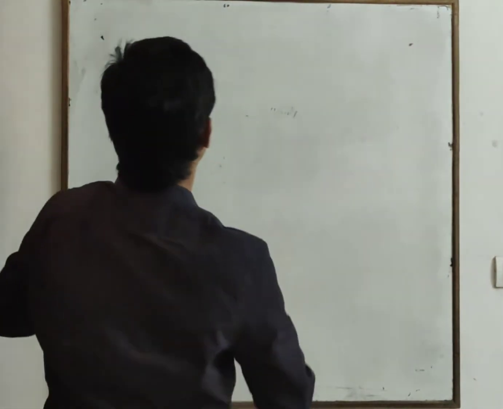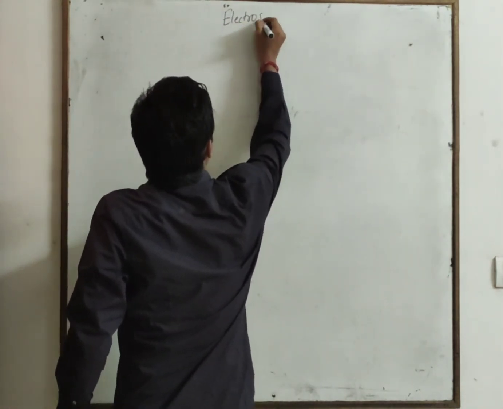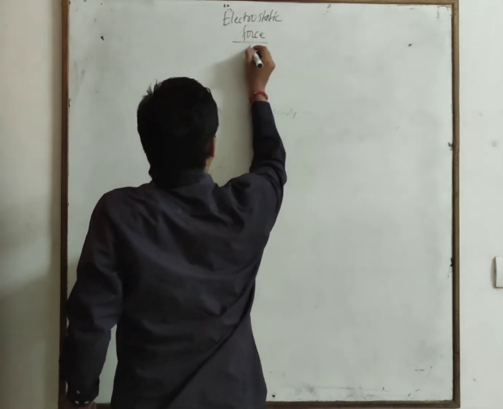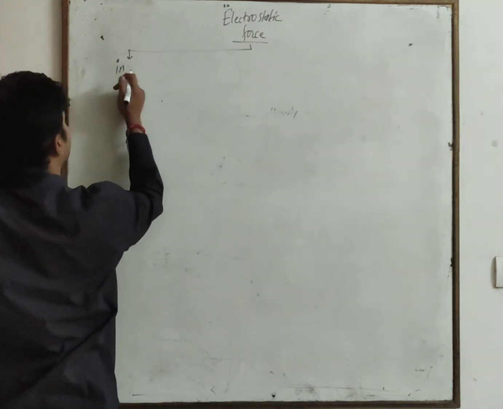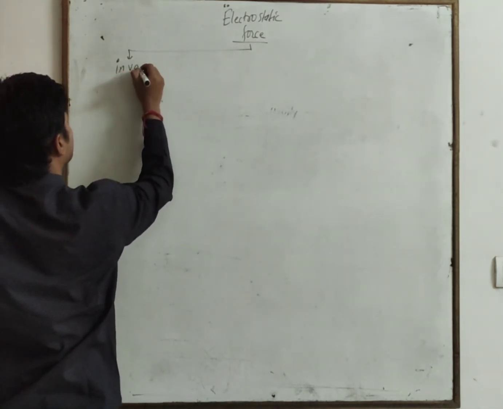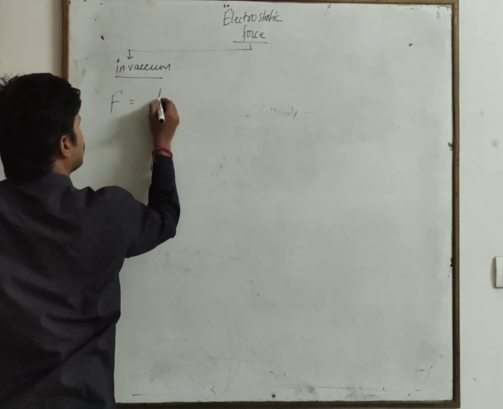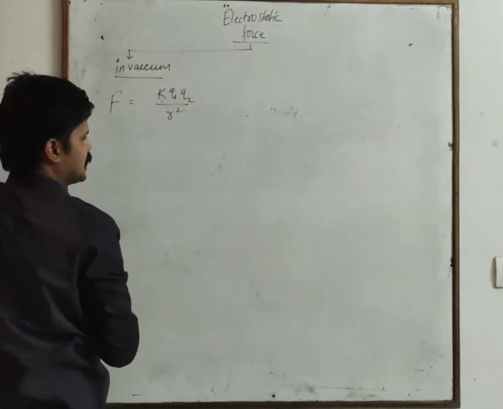Now, electrostatic force in vacuum can be written as K magnitude of Q1 Q2 upon R square.